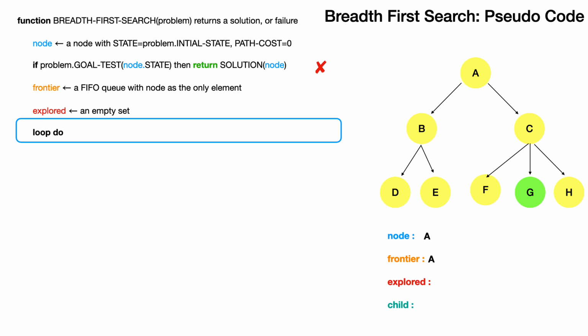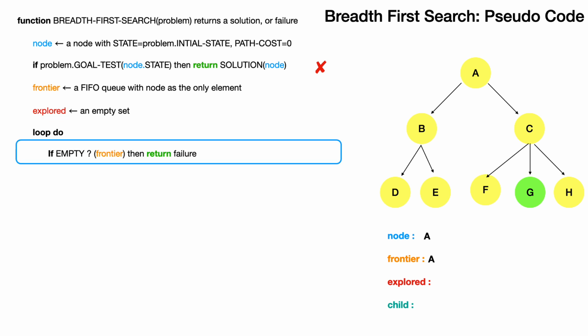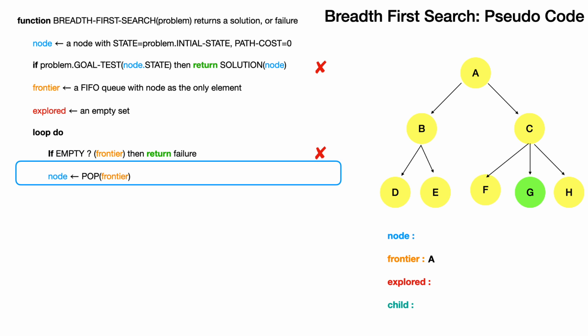So we start a loop where first we check if the frontier is empty. If the frontier is empty, the search is completed, but the frontier is not empty, we have the node A, so the if condition fails. So we go to the next step and we pop from the frontier.